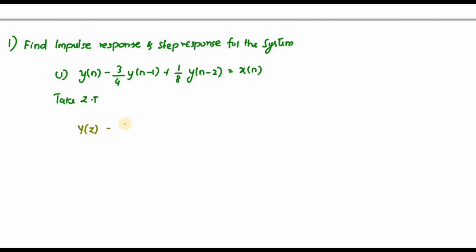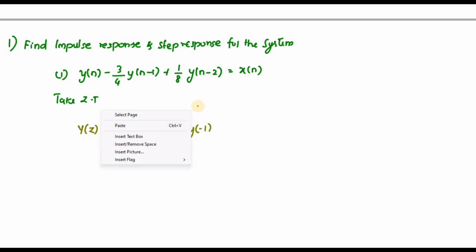Then Y(z) minus 3/4 into z power minus 1 into Y(z), plus you will get small y of minus 1.